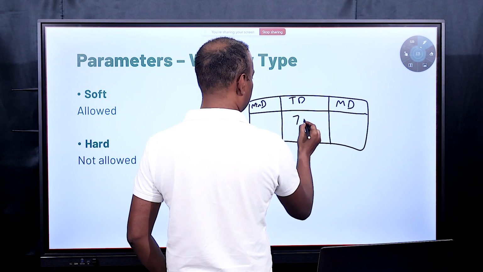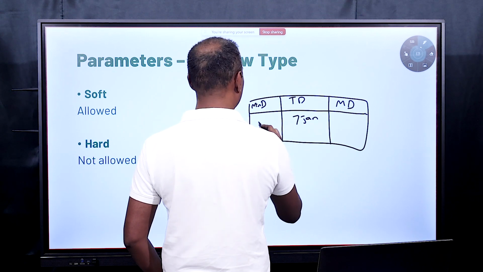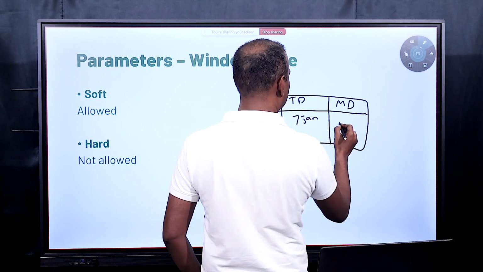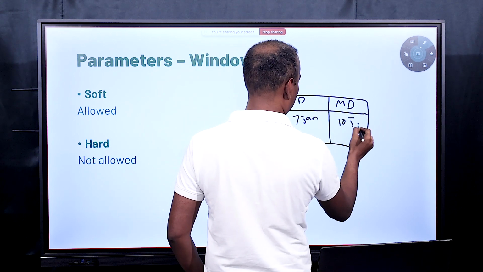Target day is 7th Jan, min day is 4th Jan and max day is 10th Jan.